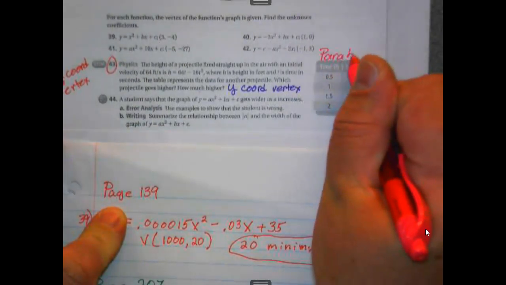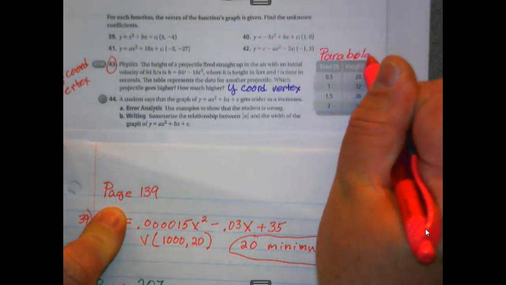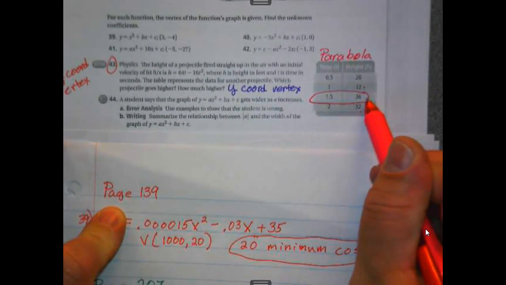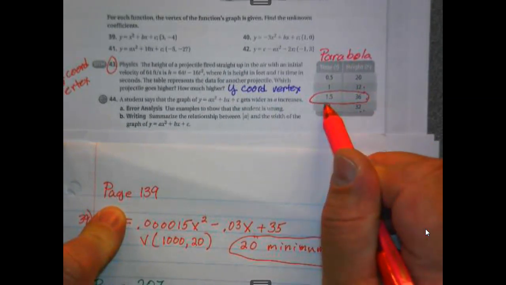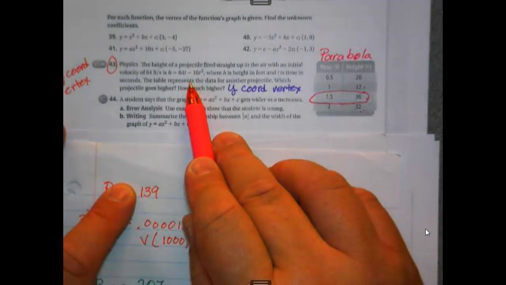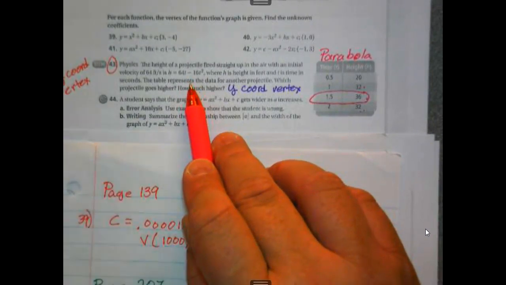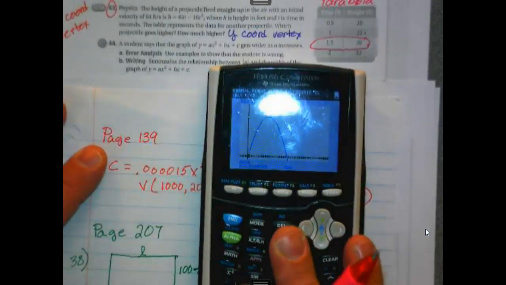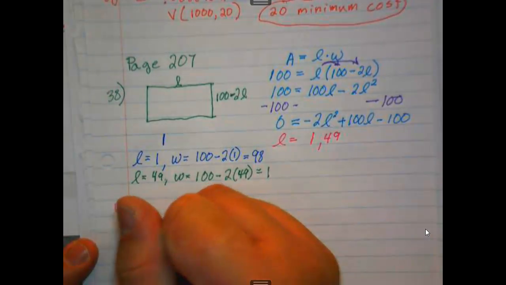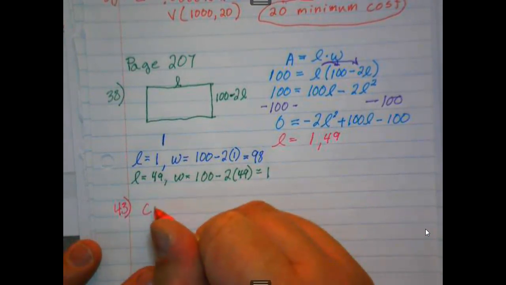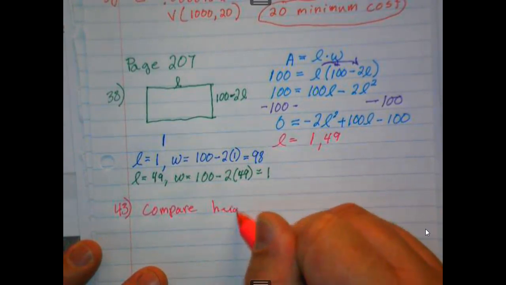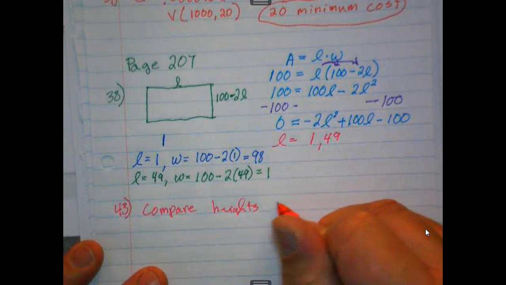How do I know that? Because the y values start repeating after this point. Okay, this is actually the vertex. So what's the vertex? Oh, we need the vertex of this parabola, right? Let's put that one in. So 43, we need to compare heights of the projectiles.